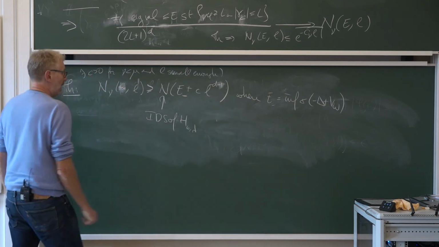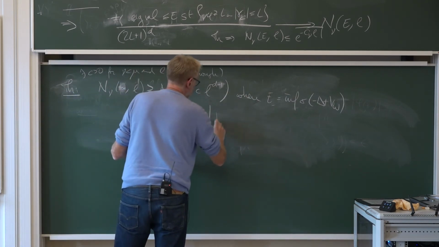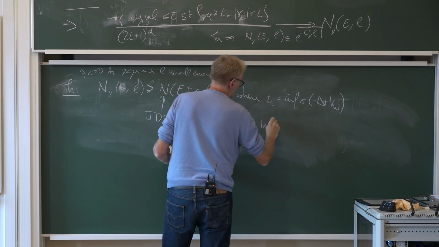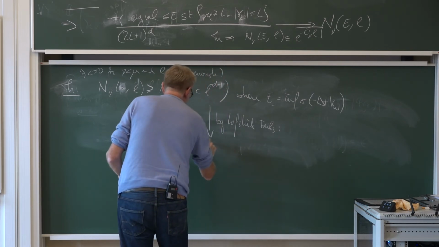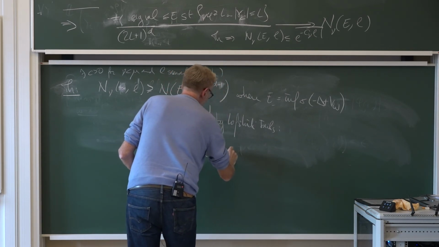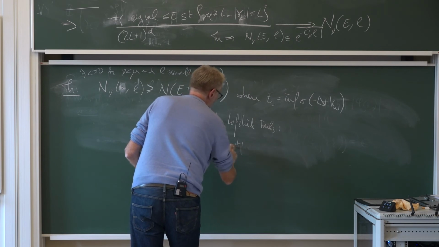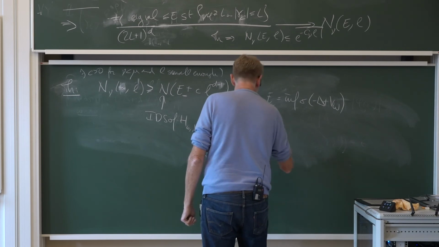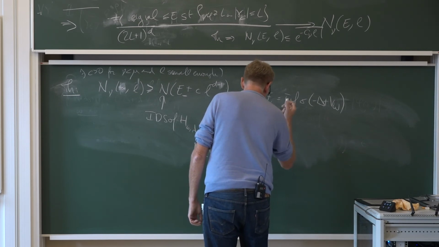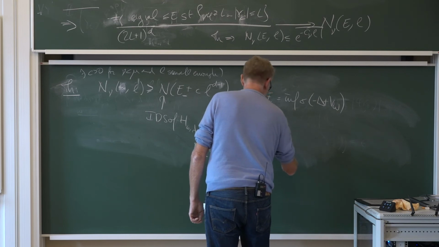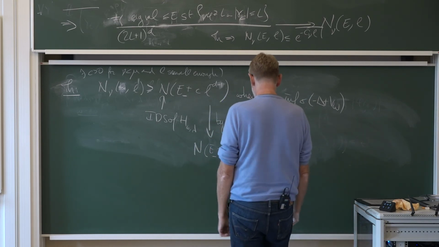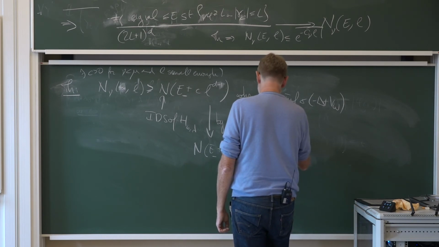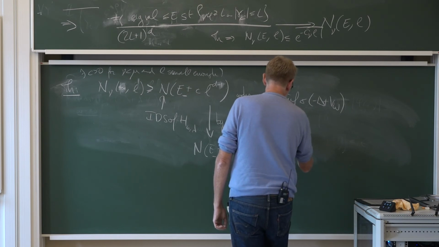Right? And by Lifshitz tails, we know that n of E minus plus C L to the minus d minus 1 is larger than E to the minus a constant, call it kappa, L to the minus d plus 1, d over 2.